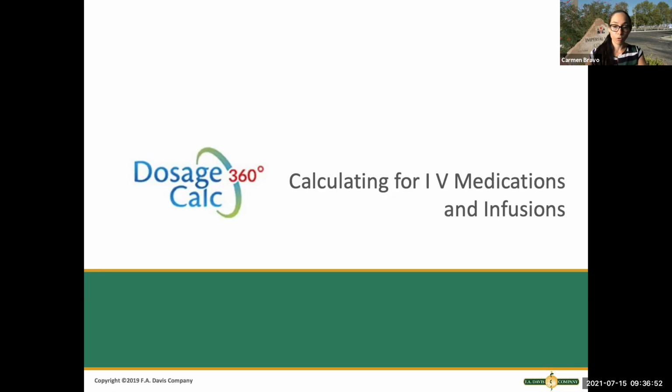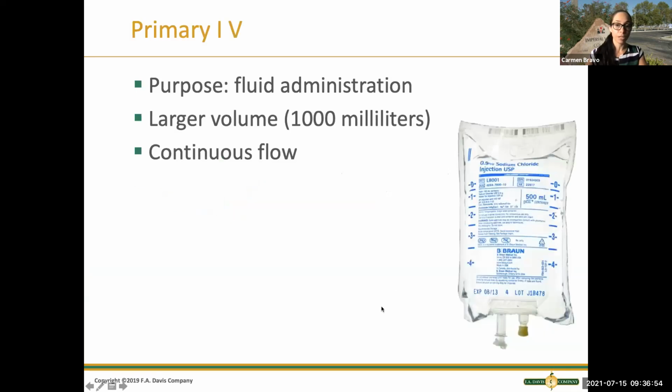So for the primary IV, the purpose of a large volume is to give a continuous infusion. The most common bag is 1 liter, which is 1,000 milliliters.